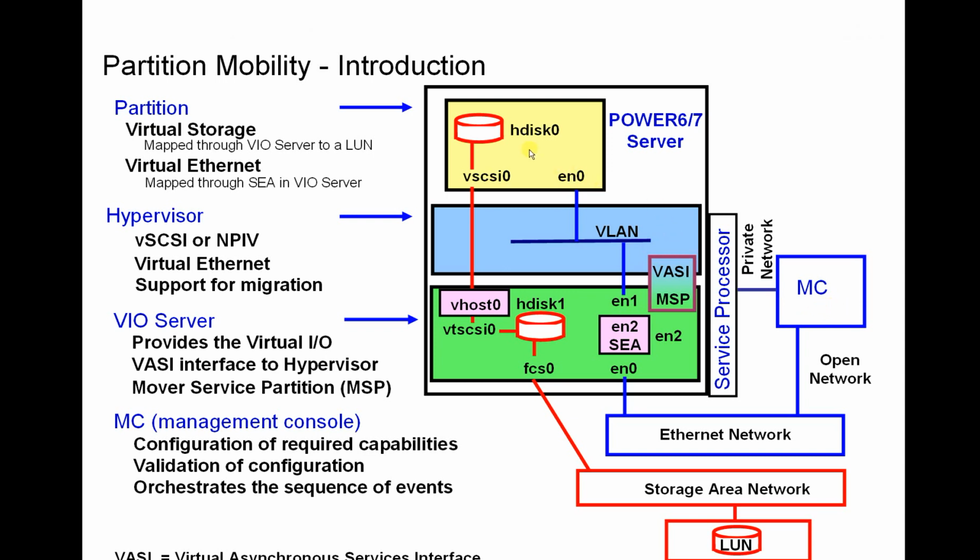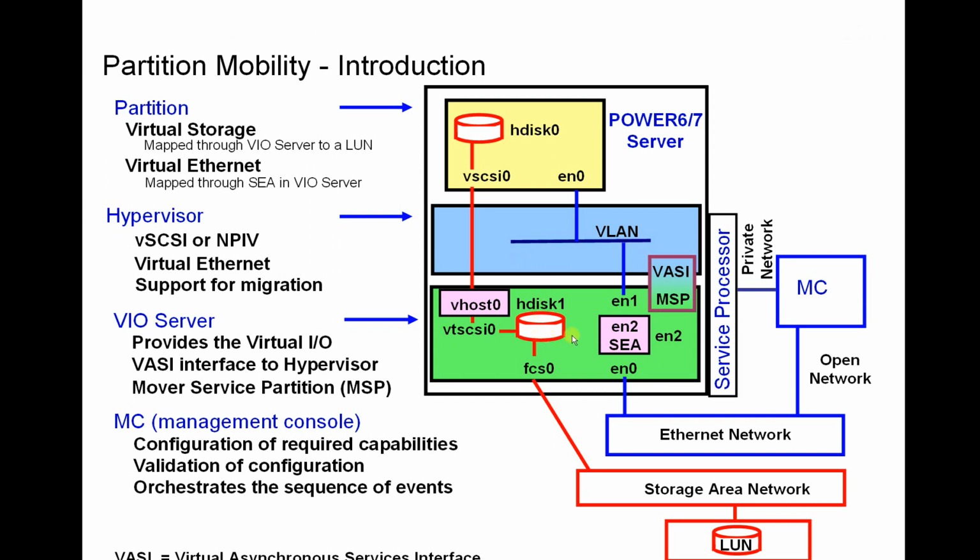The partition to be moved would be getting its LUN or LUNs and its network access through the VIO server, with the hypervisor facilitating that. The management console, in addition to its normal responsibilities as the single point of management, would also be the orchestrator of the partition mobility operation. So you note that virtualized storage, virtualized network is what makes partition mobility possible.